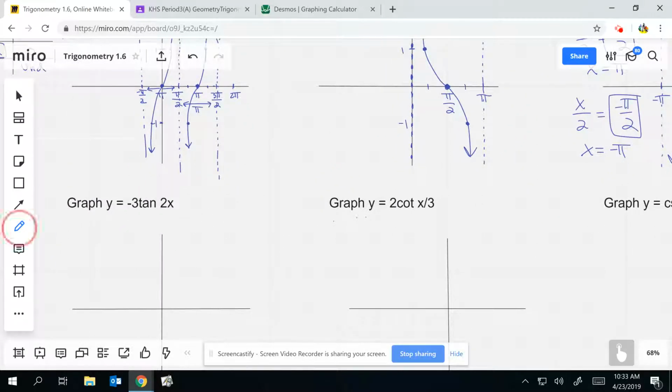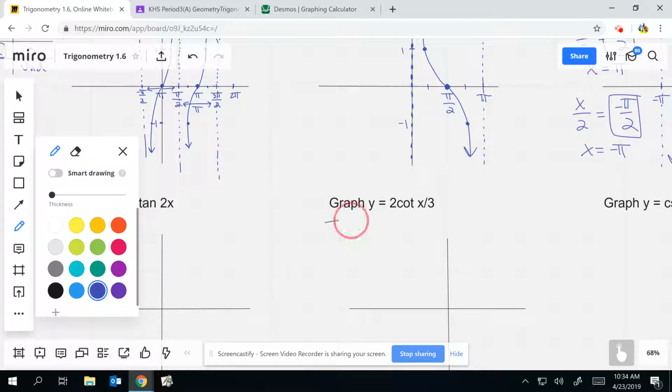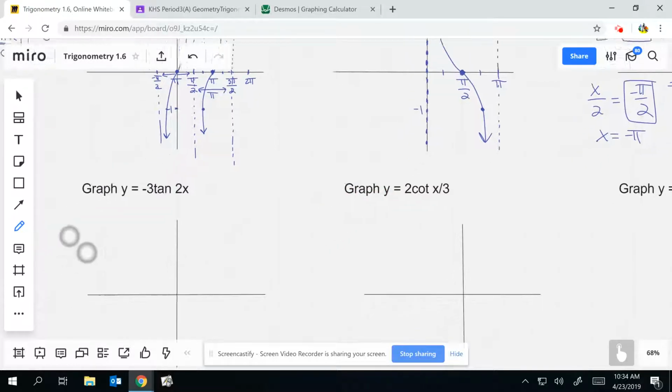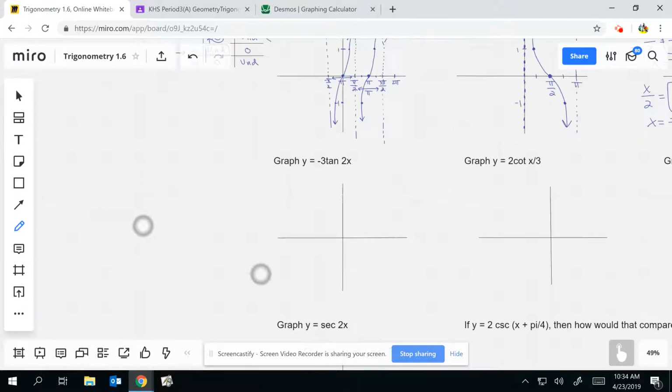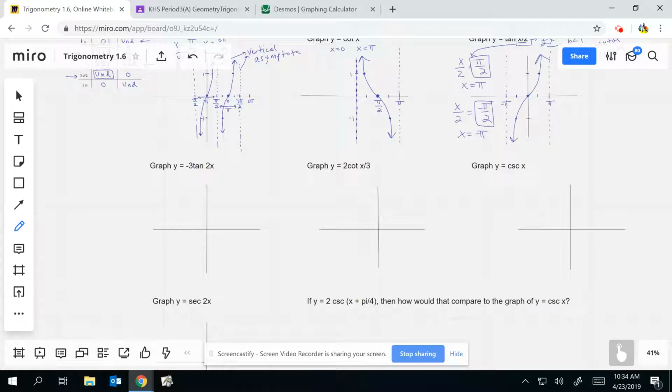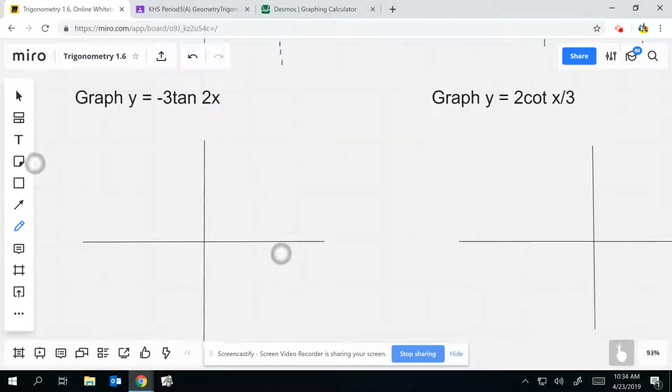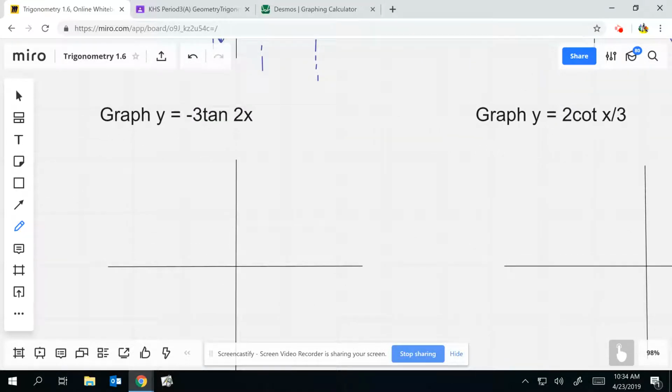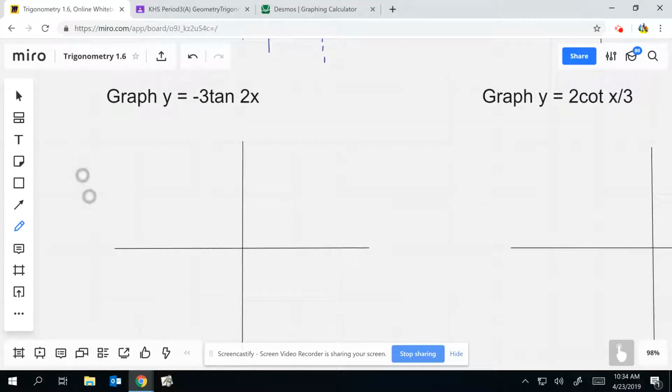All right, let's look at the next one here. For -3 tan 2x, the same rules apply as sine and cosine as far as stretches and shrinks go. This -3 in front, you see this right here?